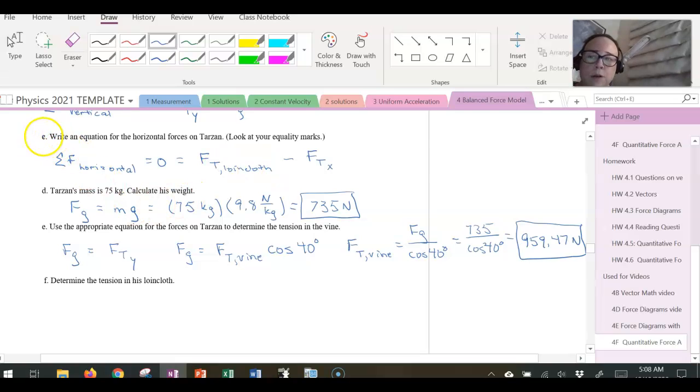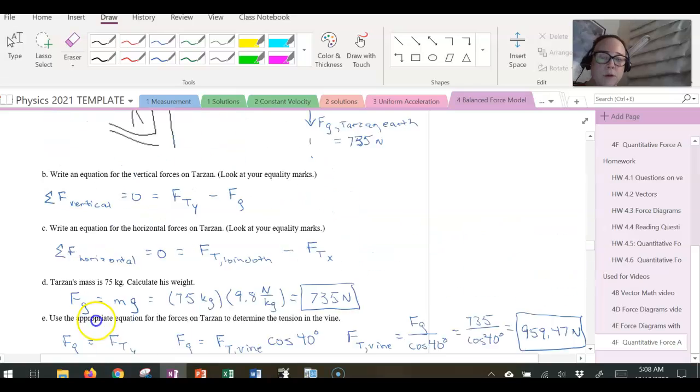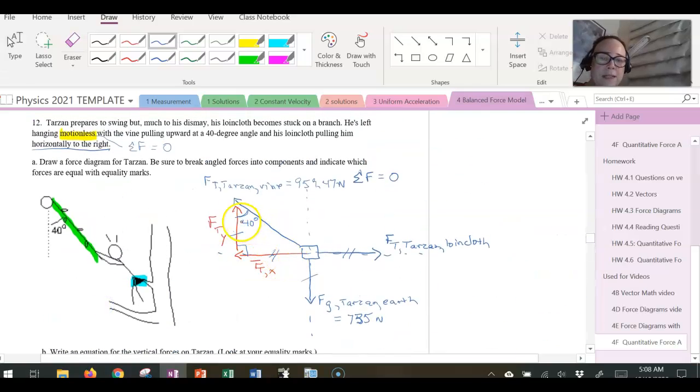Well, when I look up here at part C, where I found the sum of the forces in the horizontal direction equals 0, I can say that the tension force in the loincloth must equal the x component of the vine tension force. And that x component of the vine tension force is on the side opposite of that 40-degree angle.